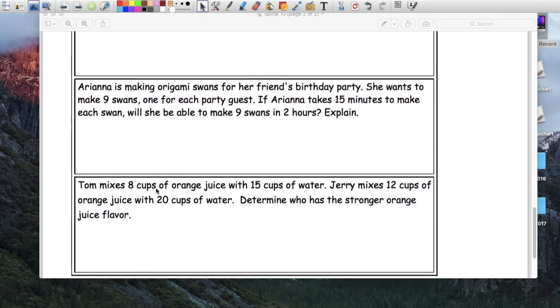Tom mixes 8 cups of orange juice with 15 cups of water. Jerry mixes 12 cups of orange juice with 20 cups of water. Determine who has the stronger orange juice flavor. So hopefully you remember that. So let's write Tom here. And my phone's not working. And Jerry here. Tom, we'll write 8 cups of OJ over 15 cups of water.